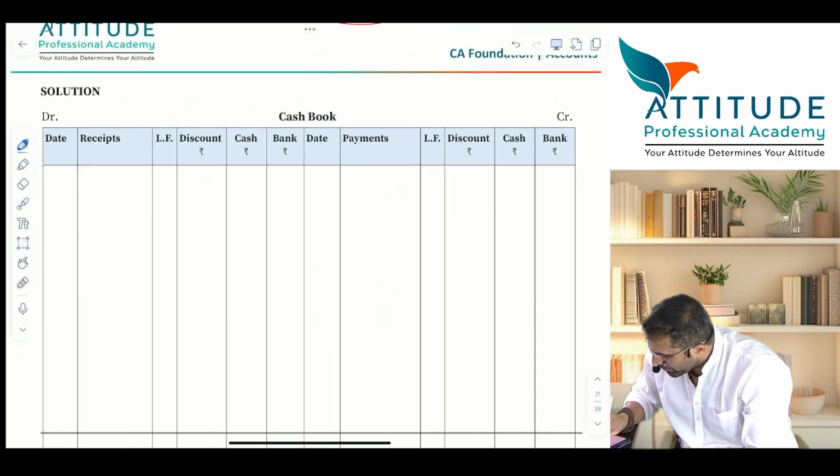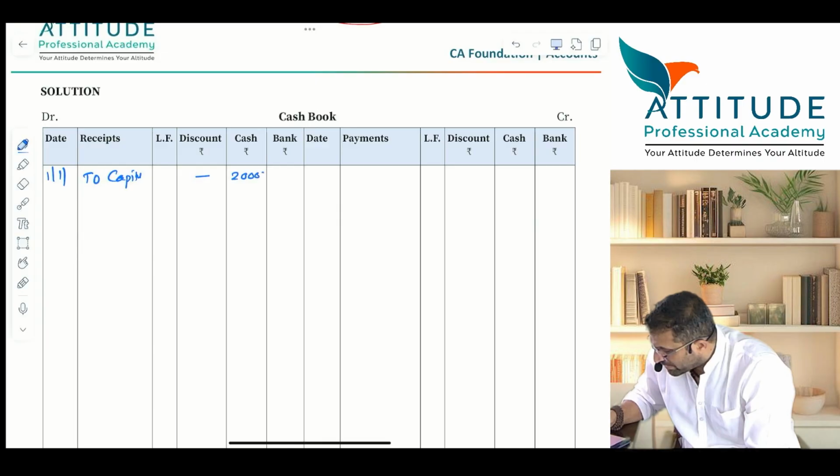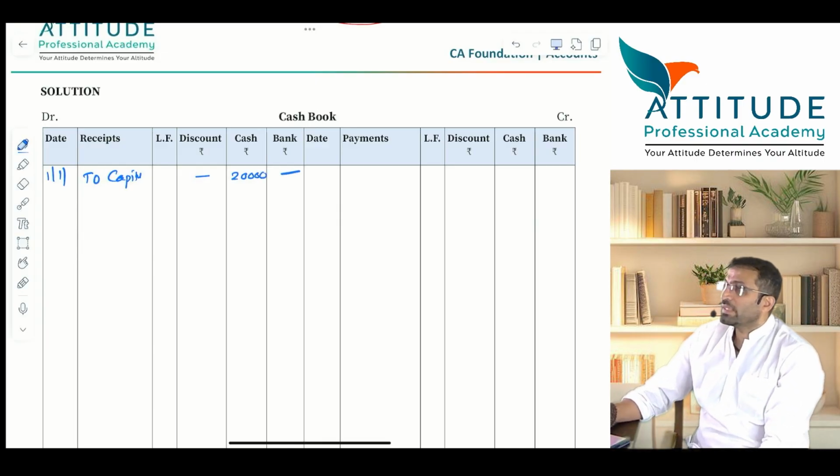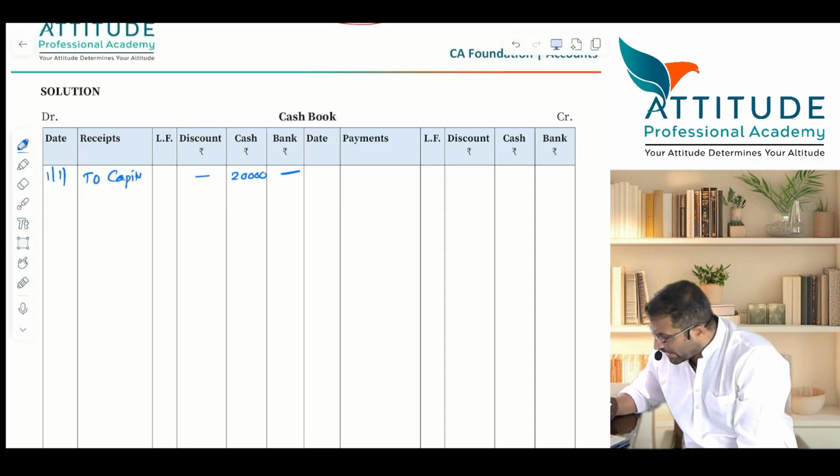Date? Jan. 1st? Capital. In which column? Cash column. How much? 20,000. Not bank column. Is that clear? Understood? Okay, now come down.